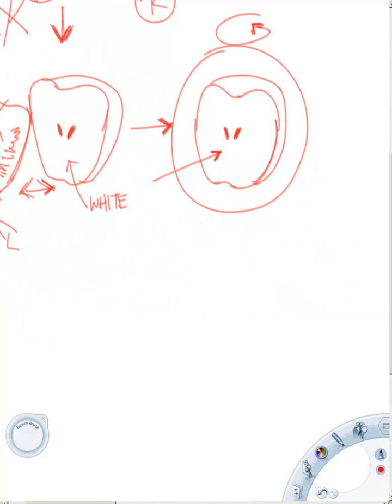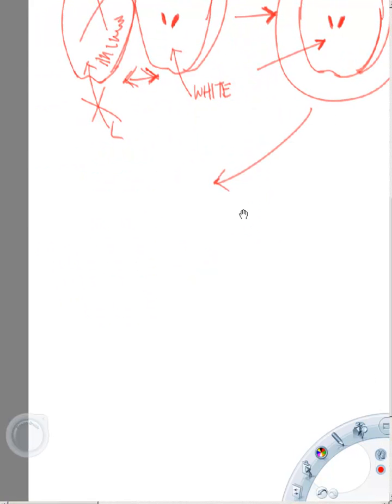So let's go down to this point here, get ourselves more space. Here we go. We turn it and we look at the apple straight on. And we are primarily focused on looking at the surface that we cut. So right now I am looking at the surface that we cut, and there's my two seeds.